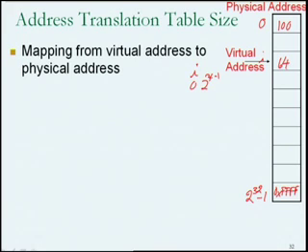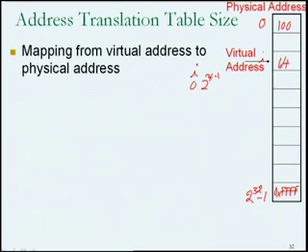Therefore, we can calculate what the size of this address translation table is going to be using this idea. The idea is essentially that I have a table which tells me the physical address for each possible virtual address. The table need not contain both the virtual address and the physical address. It need contain only the physical addresses, and by looking at the ith entry in the table, I will know the translation for virtual address I.